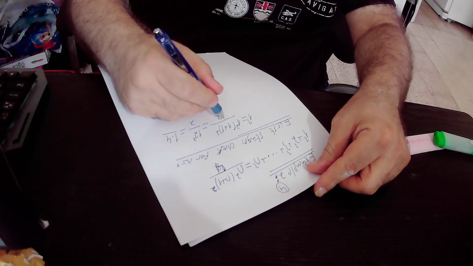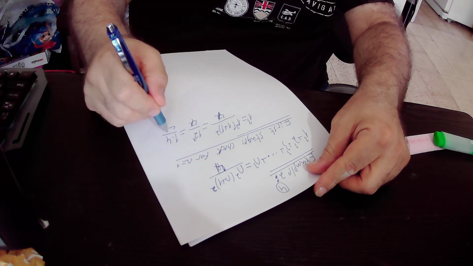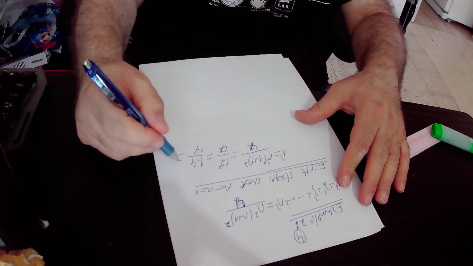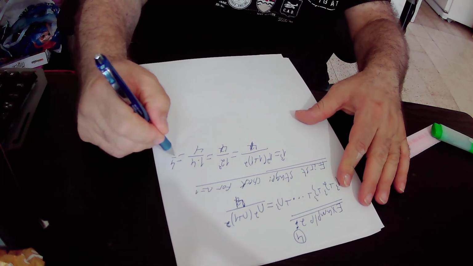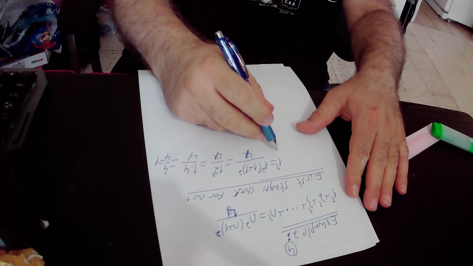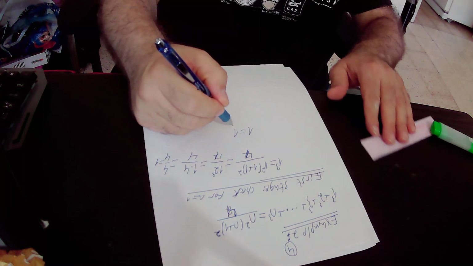So here we will correct it. Okay, so 1 times 4 is 4, and 4 divided by 4 is 1, and 1 to the power of 3 is 1, equals 1.